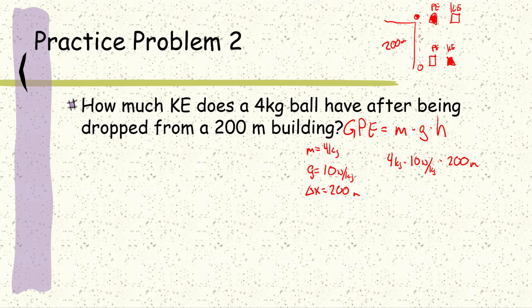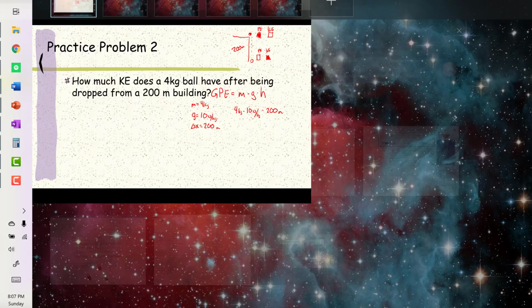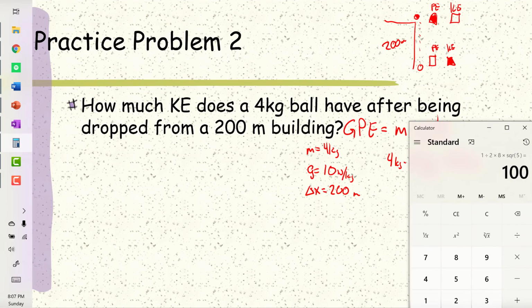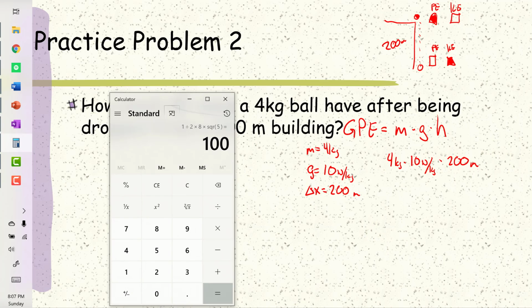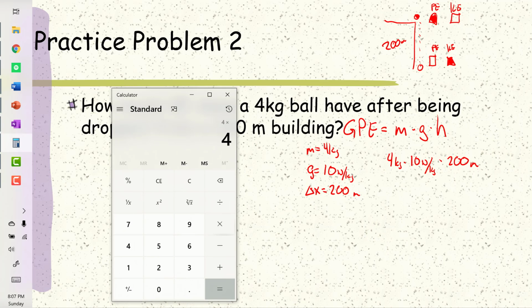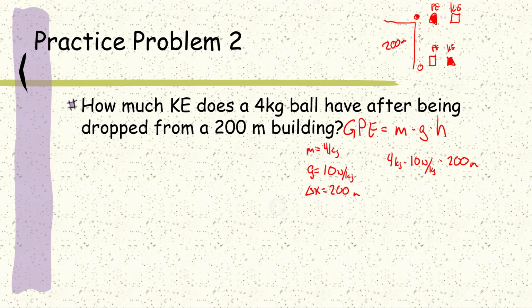So 4 times 10 times 200, 8,000 joules of energy. So if the potential energy at the top is 8,000 joules of energy, then I know it has 800 joules of kinetic energy at the bottom.